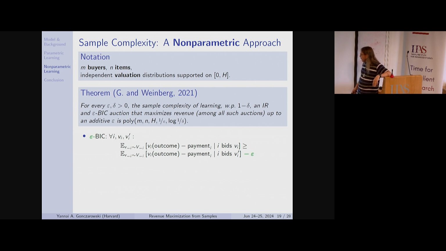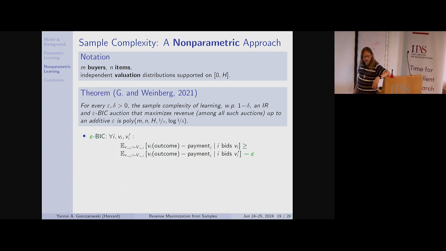Epsilon IC is exactly this, up to an epsilon. Maybe you might be able to gain a cent by trying to explore other bidding options.